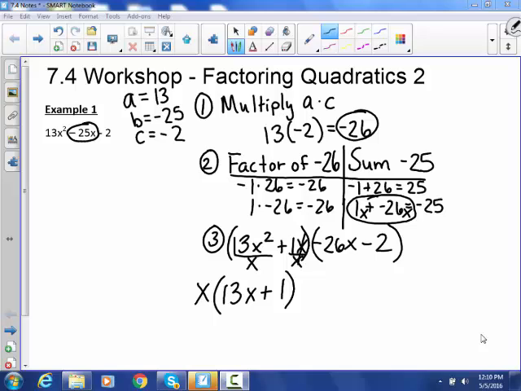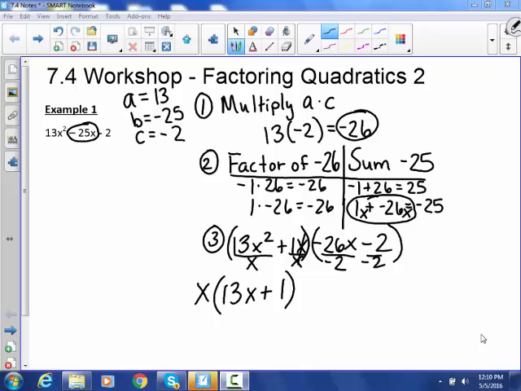Okay? What would go into negative 26x and negative 2? Is there any x? No, because this one doesn't have an x. They have to have something in common. 2. Now, you want to divide by negative 2 because you never want your first one to be negative. So we're going to divide both of these by negative 2.